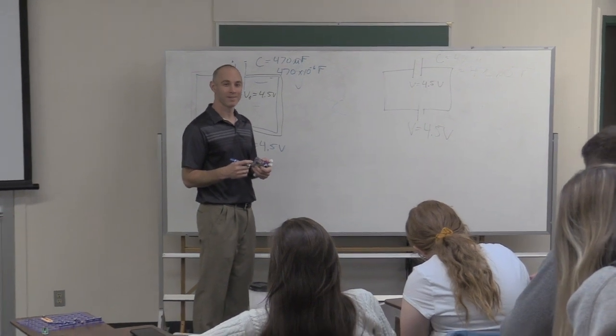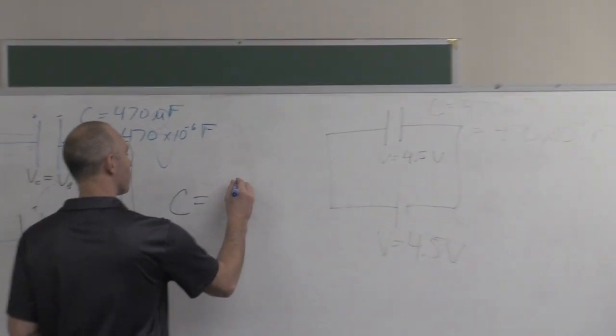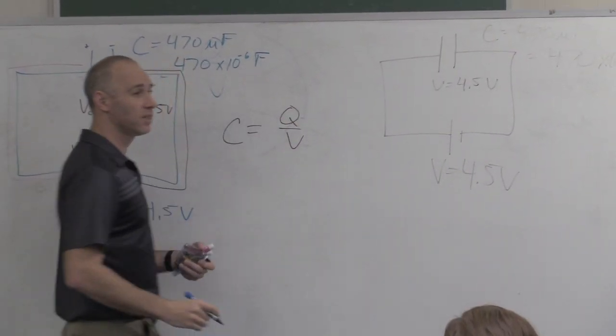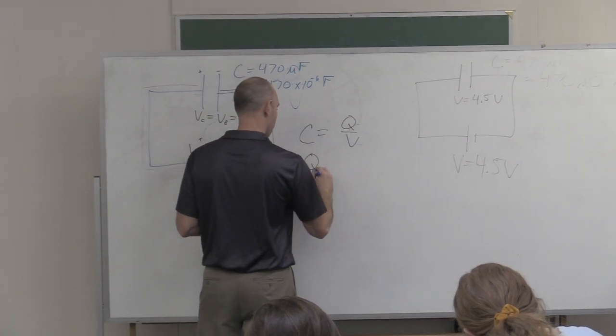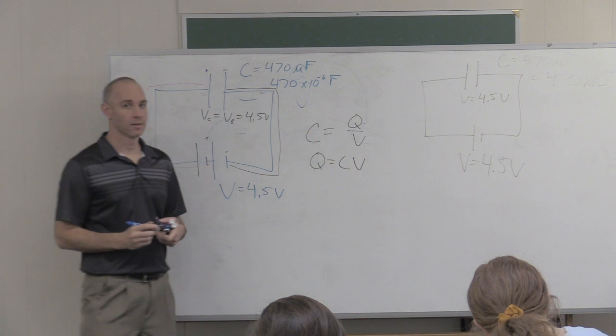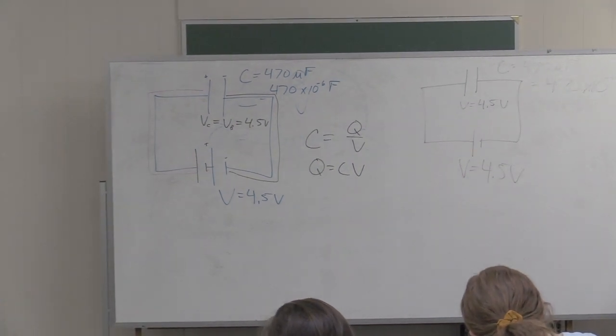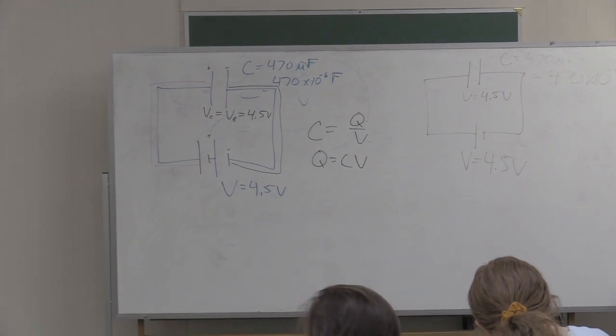Why would you do that? To rearrange the equation? That equation over there, right? C equals Q over V. If I know C and V, I can find Q. Multiply the V up to the top, like you said. Q equals C times V. Awesome. Do it. Give it a try.